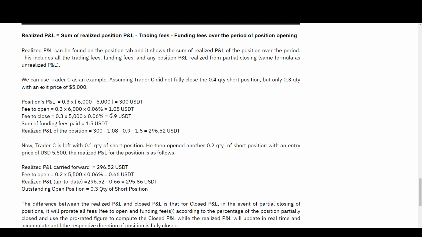So, you know, if you're getting stopped out, it might actually be even more. Because if this was a short position, it'd be 6,000 and then it'd be 7,000.